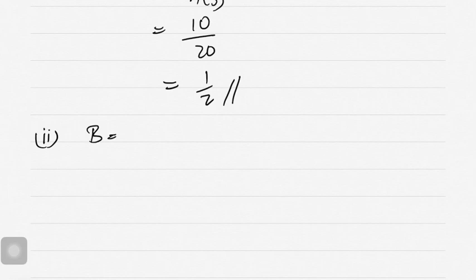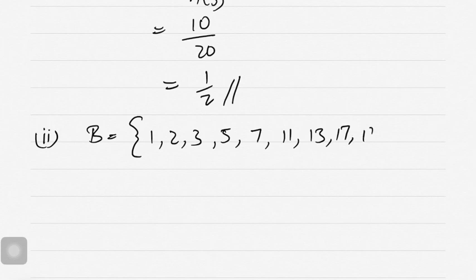Second part. B. B is the ball is bearing a prime number, correct? So the prime numbers are 1, 2, 3, 5, 7, 11, 13, 17, 19.